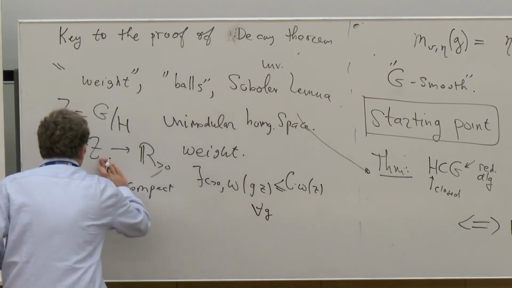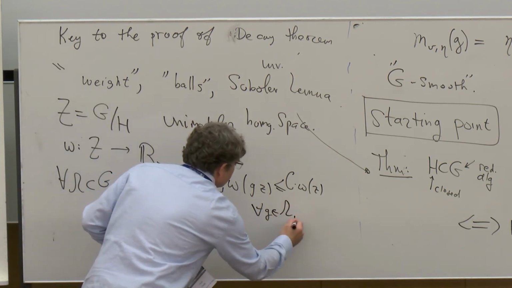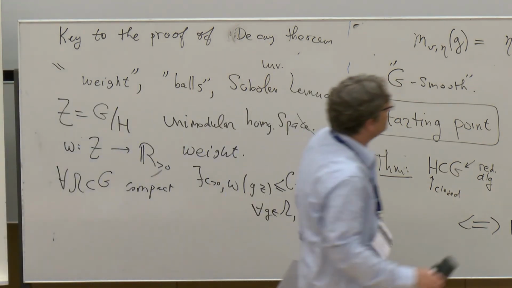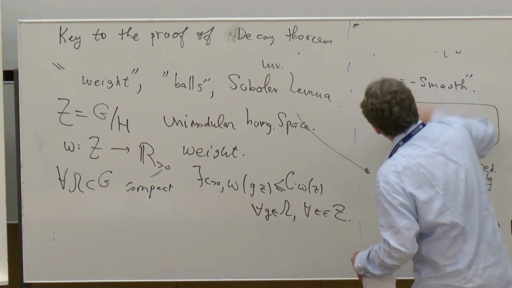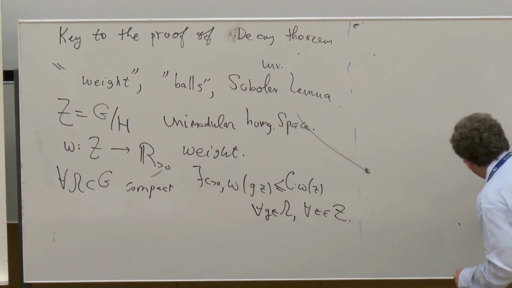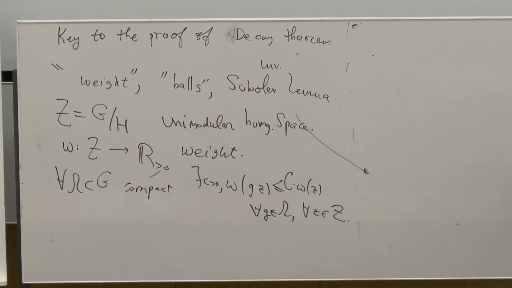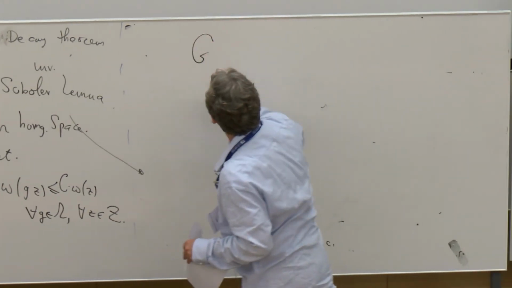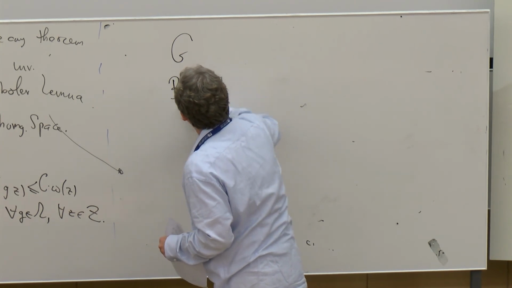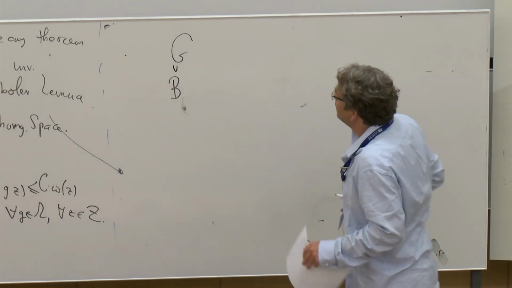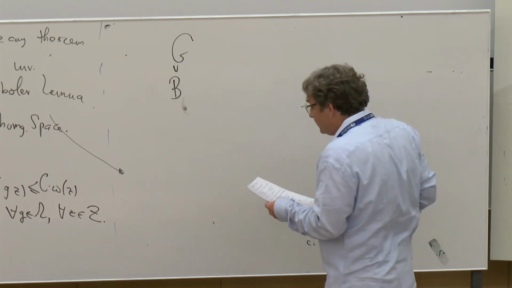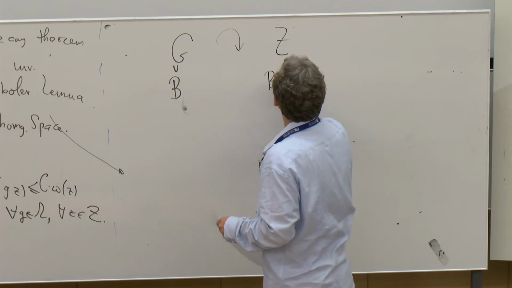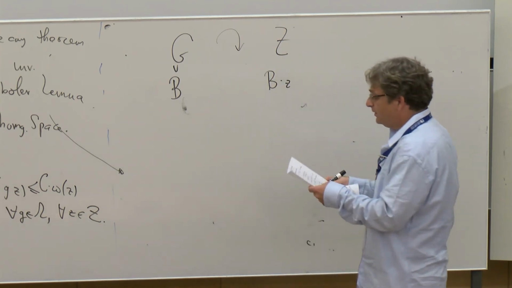I made a mistake. It is a compact set in G. But for every z in Z. So this is called a weight. And there is a technology to produce weights. The technology is to take a ball in the group G and to act on a point, to look at the orbit of the ball on Z. So if this is G, you take a ball, which is just a symmetric compact subset around 1, and you let it act on a point in Z. So in this way, you create interesting subsets.